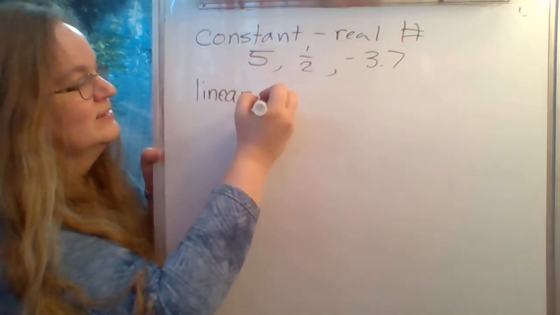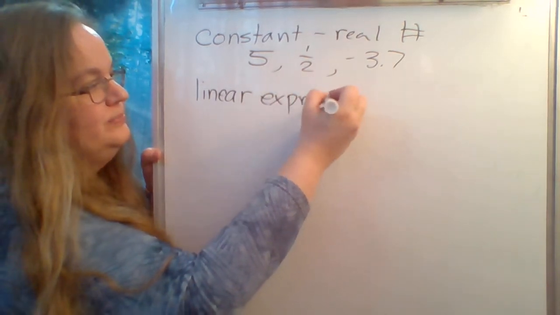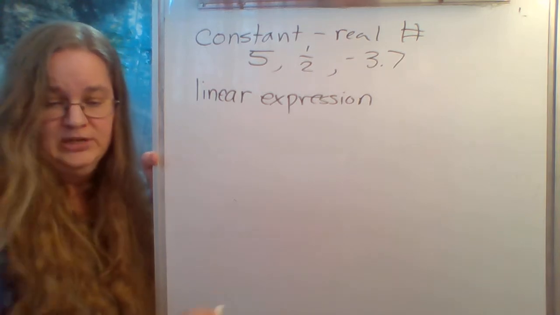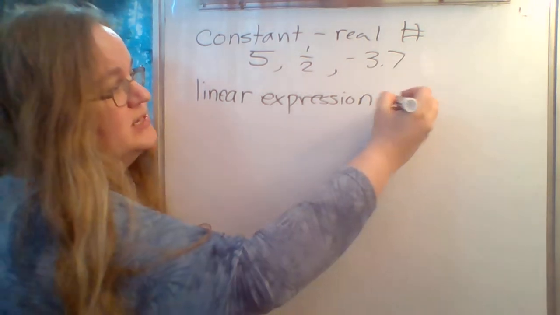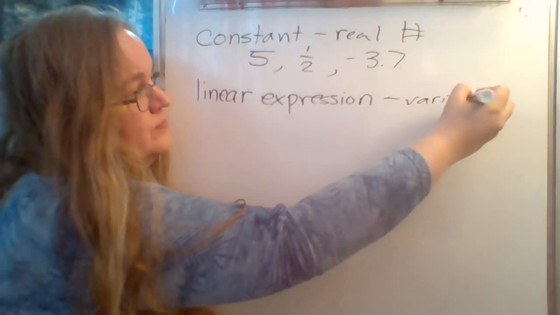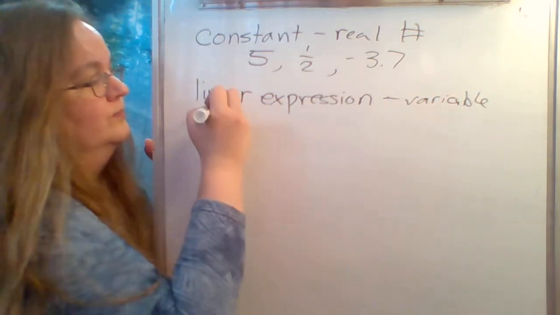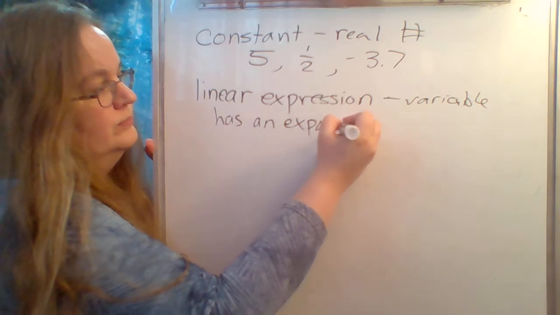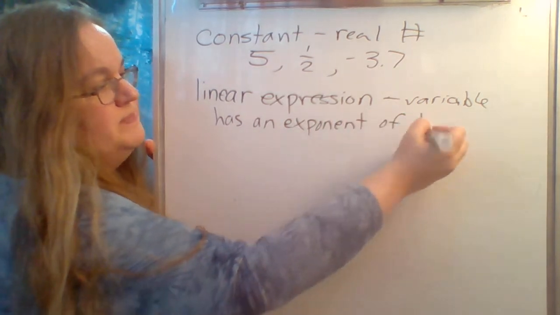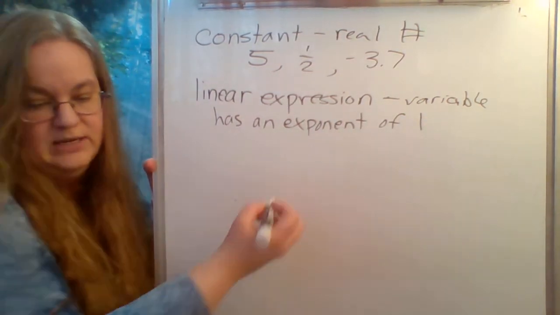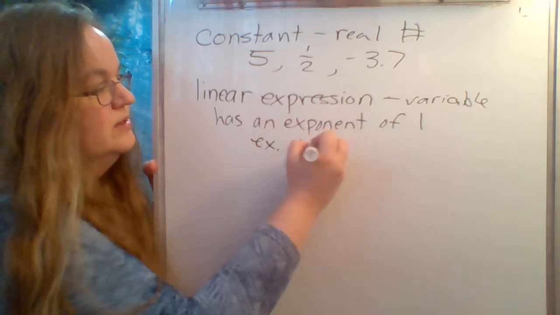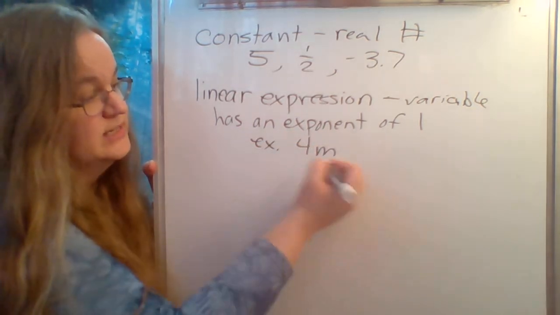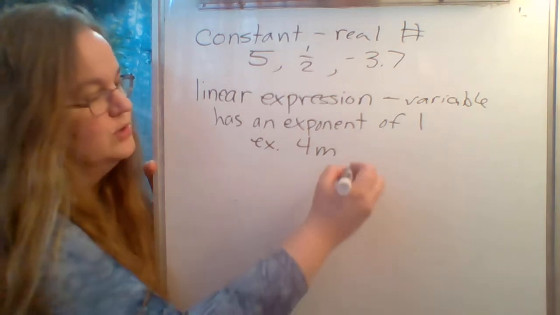Linear expression is another term you might run into. A linear expression is just when the variable has an exponent of 1. An example of that would be something like 4m, because even though we don't write the 1, that's the same as 4m to the first power.